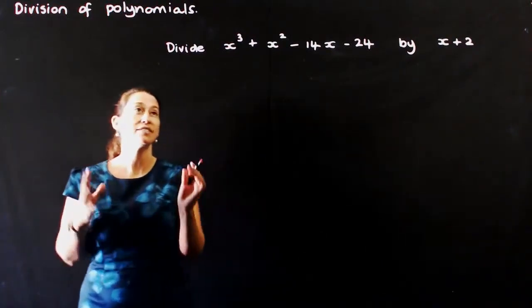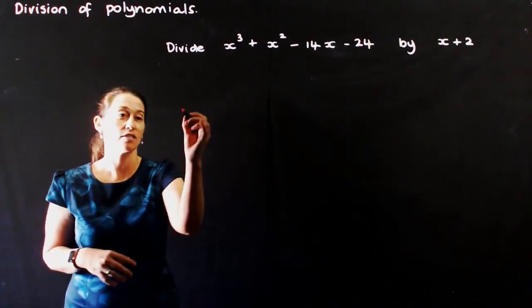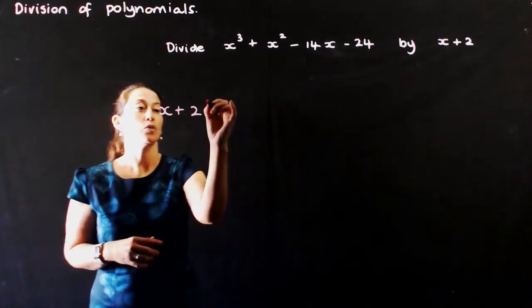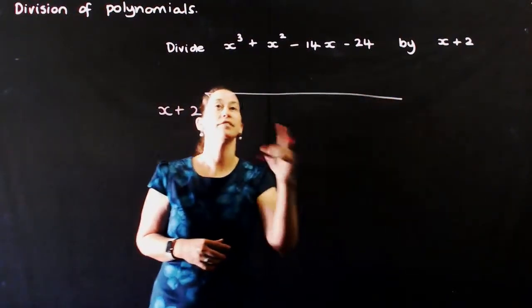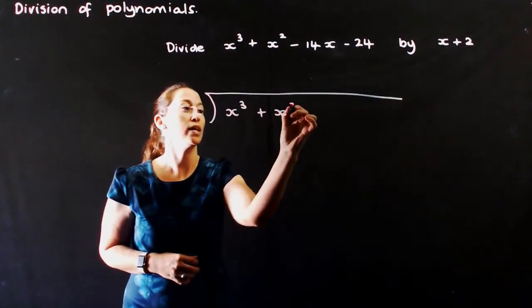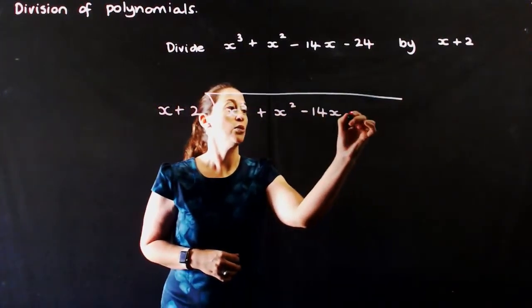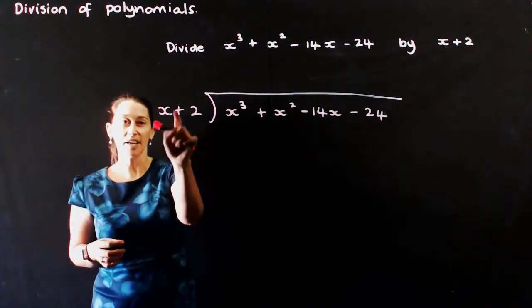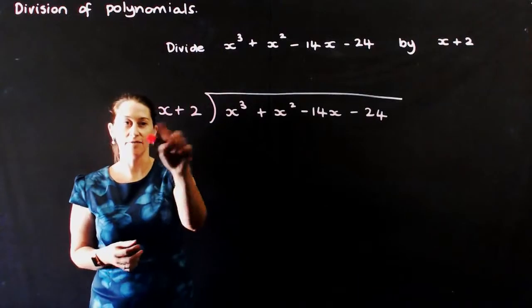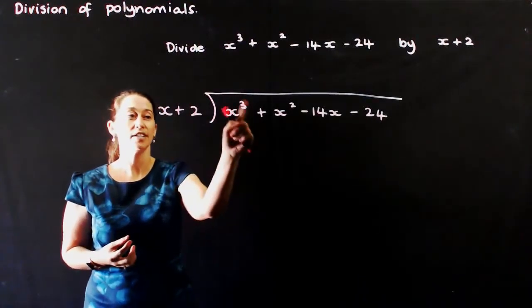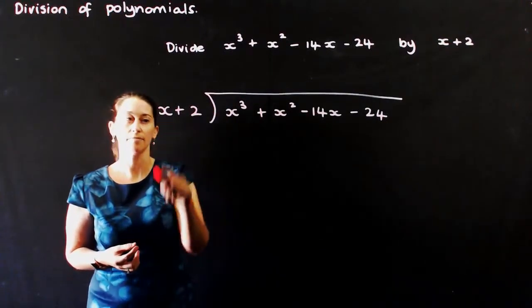Now the first step is to set up the old style bus stop method. So I'm going to divide by x plus 2, and within the bus stop I'm going to have my polynomial x cubed plus x squared minus 14x minus 24. The first thing we say is, let's just take the x term of our linear factor and divide x cubed by x.